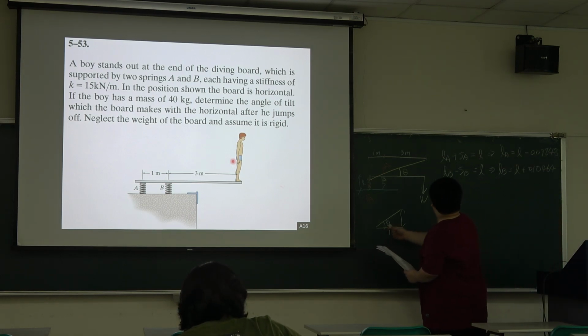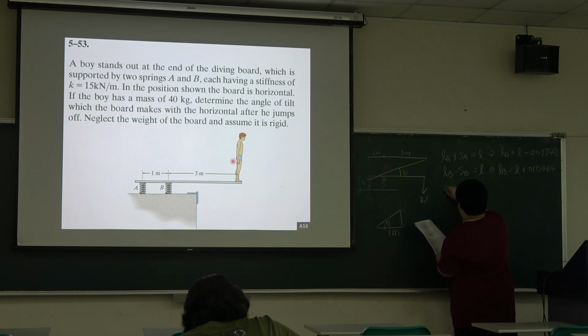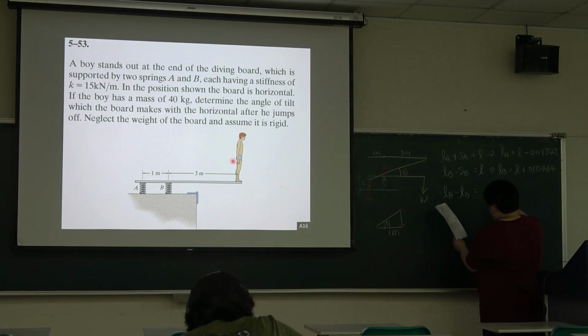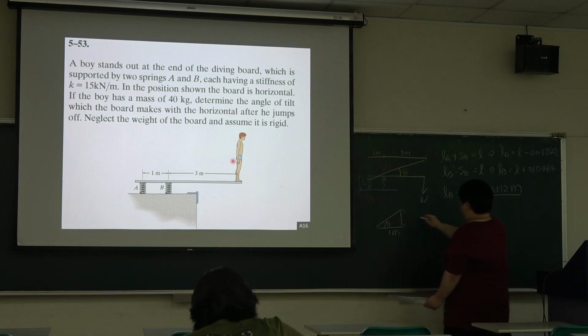so we use these two, LA, LB. LB is the length, which is less than spring A, so we use LB minus LA is equal to these two. So we have this answer here.